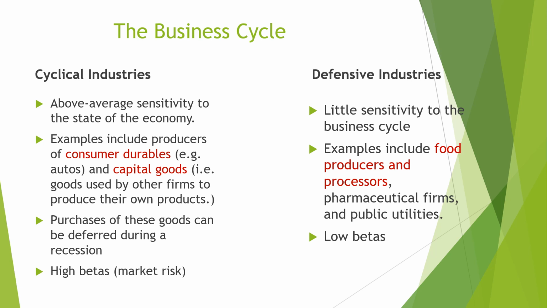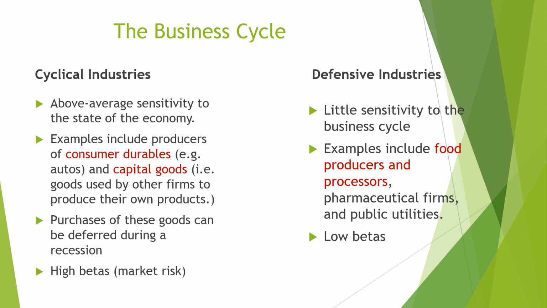For business cycles, we need to look at whether industries are above average sensitive or below average sensitive. Those industries that are above average sensitive, for example consumer durables, capital goods, and luxury goods, are very highly sensitive. Economy down, the business is affected a lot.